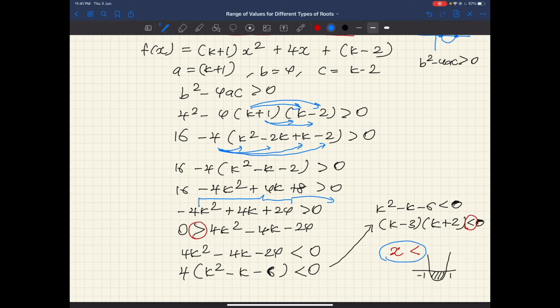If you were to define for this equation here, k negative 3, k plus 2, I would suggest you find the values of k: one k is 3, another k is negative 2. This is quite important because you want to know which is your small number and which is your big number. Then you can draw this.